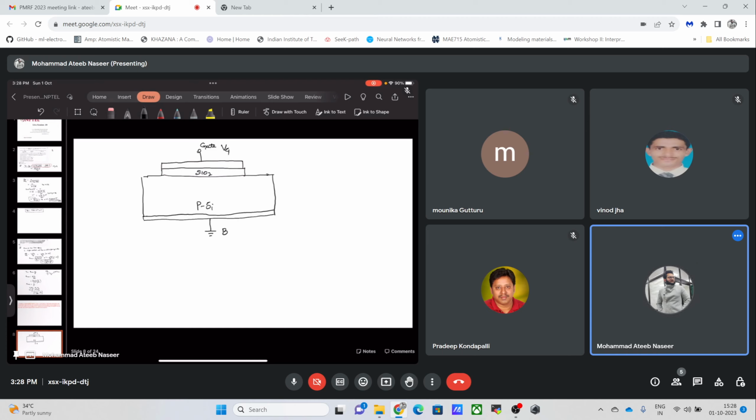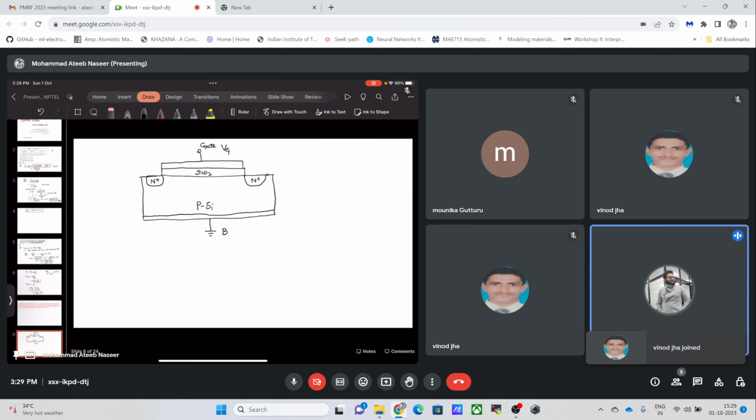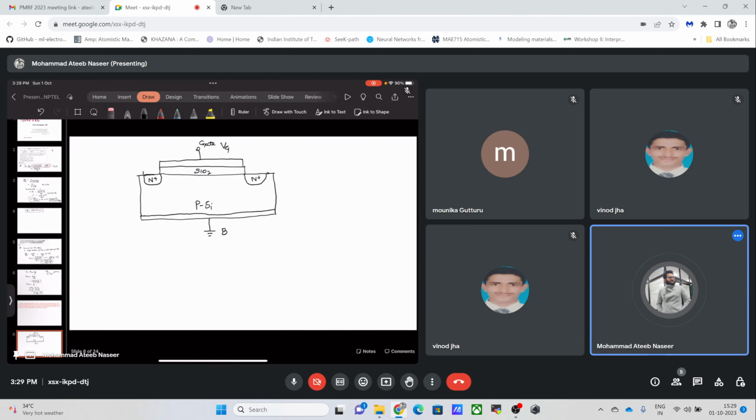Now apart from this, we will be having this source region, which will be N plus in this case, since the body is p type, and I will have another N plus region. They should be symmetrical; there is no asymmetry in this. This is the N plus pocket, and the other is also an N plus pocket, and both regions will have some metal contact.